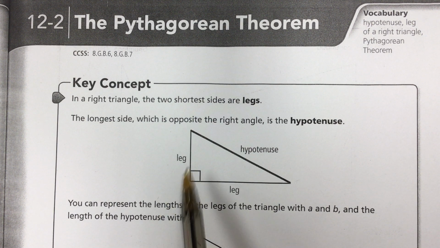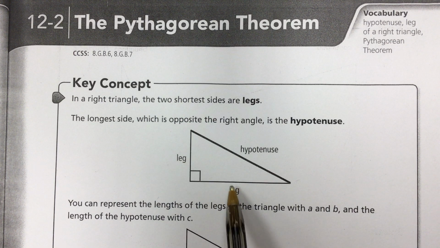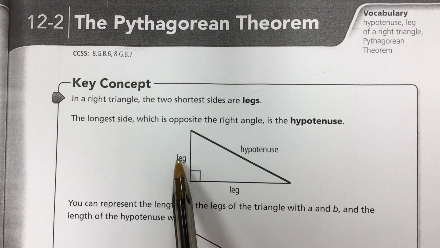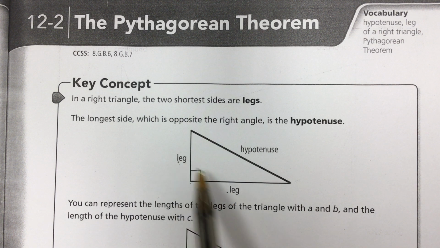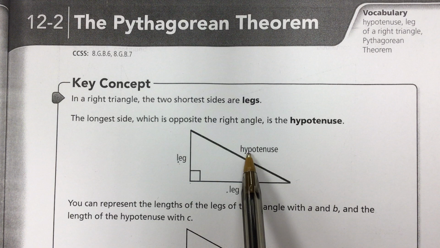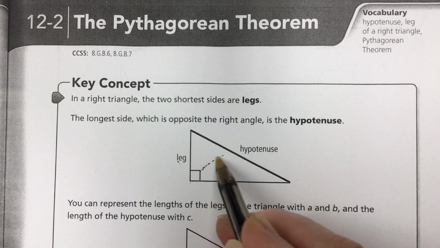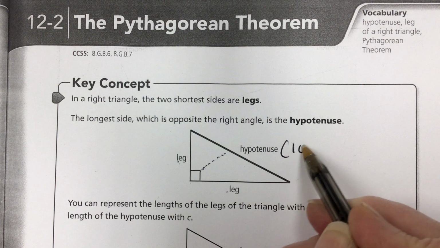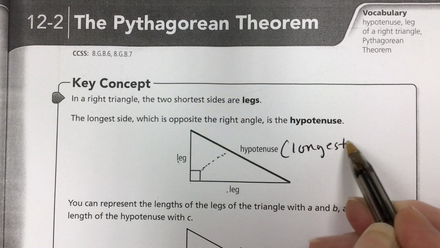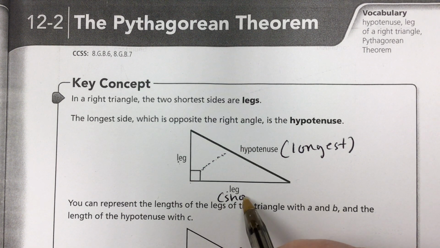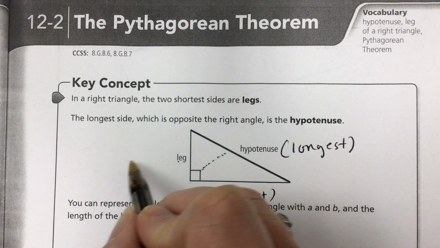In a right triangle, the two short sides, the two sides that join to form the right angle, we call these the legs. The longest side, which is opposite the right angle, is the hypotenuse. So the hypotenuse is the longest side. And these two sides, the legs, are the shortest sides.